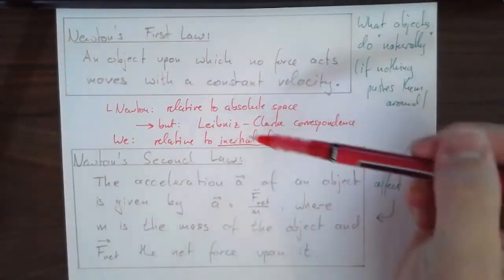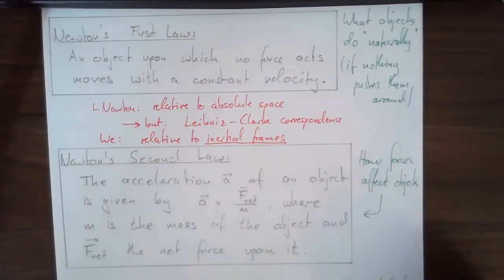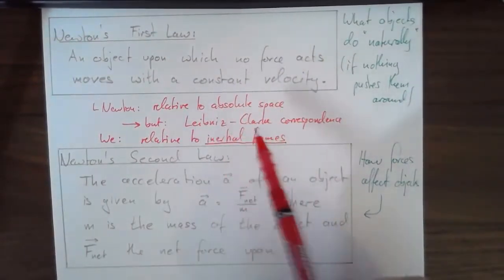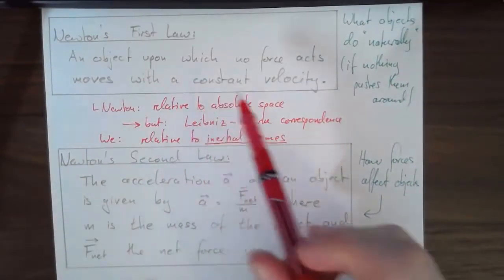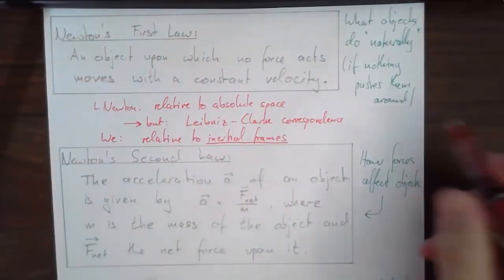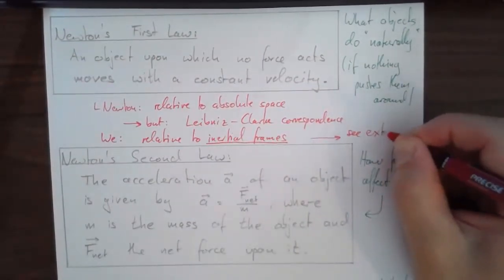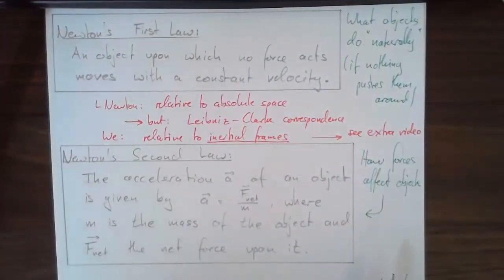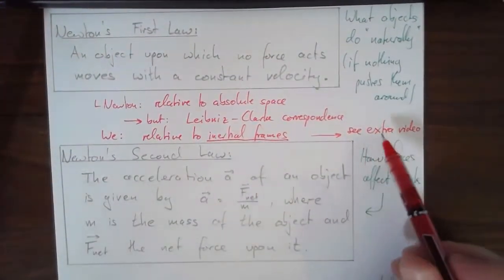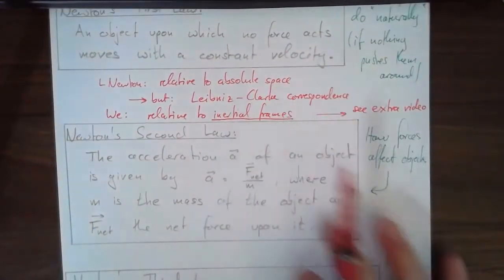Really, the first law defines inertial frames, and that is its importance, but I'm going to talk about that in a little extra video, because it gets a bit philosophical and takes us a little off our main path here. So I'm just going to say see extra video, and I'm going to find a link to that where you found this video too.